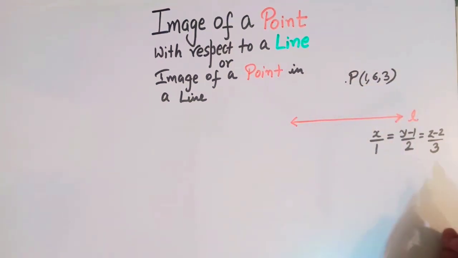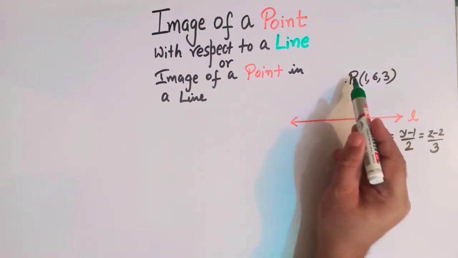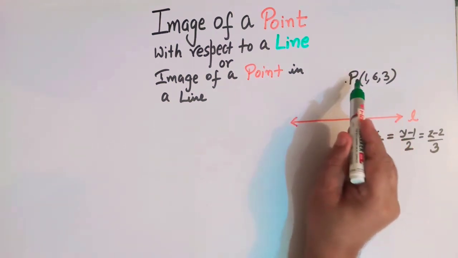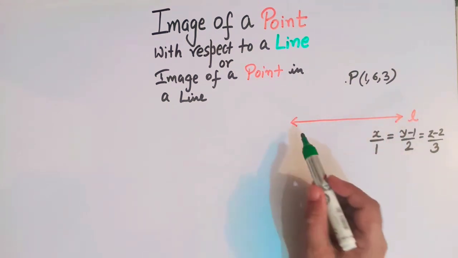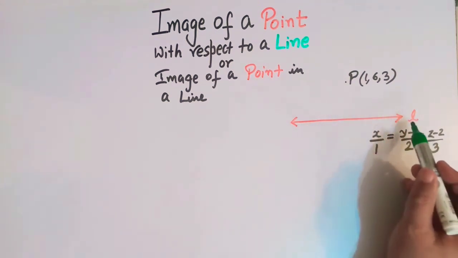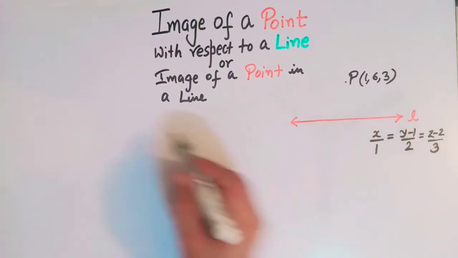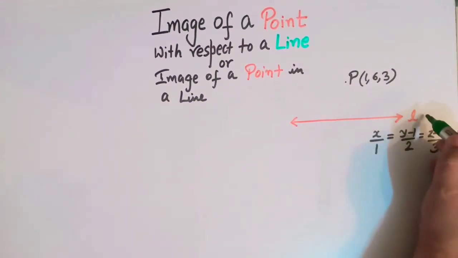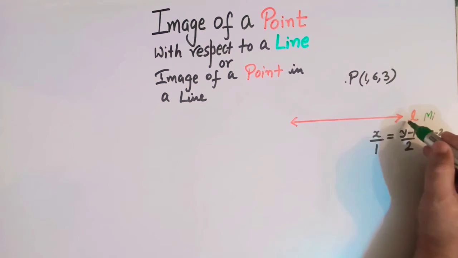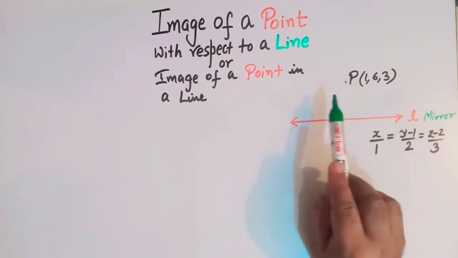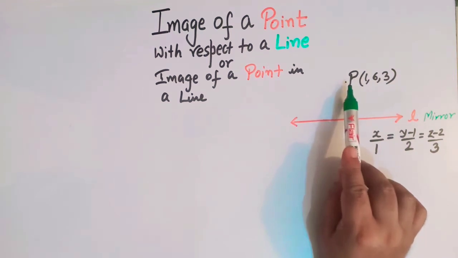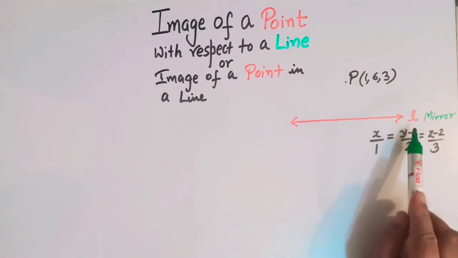Now viewers, here we want to find the image of this point P with respect to this line, and here we can take this line as a mirror, right? We can treat this line L as a mirror. Now we want to find the image of this point P with respect to this line.